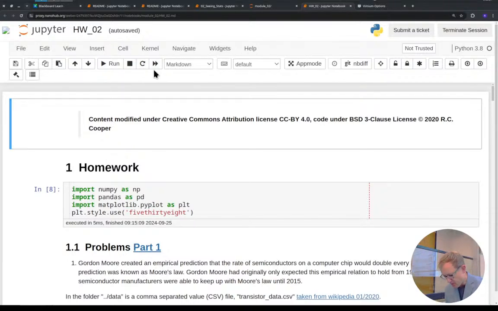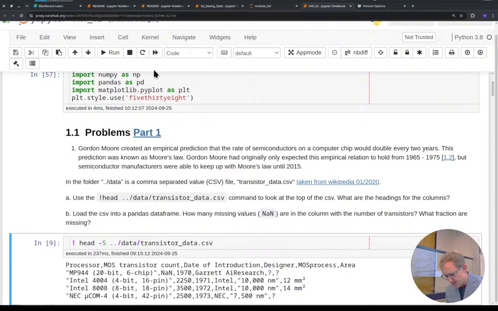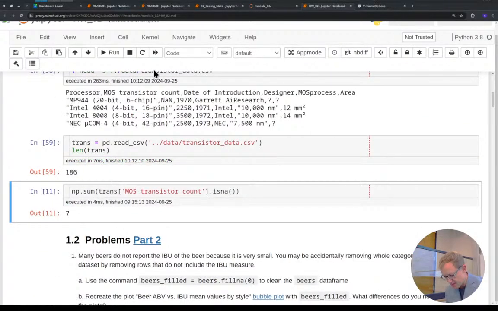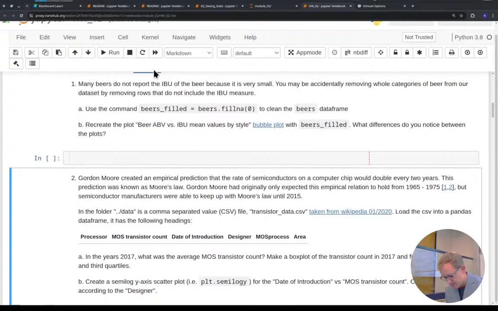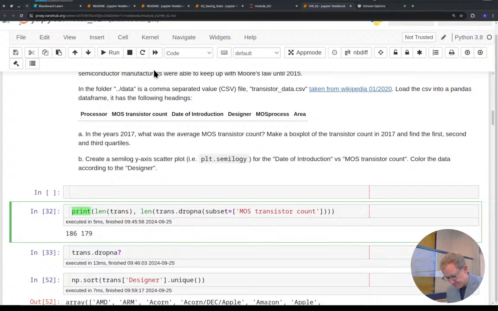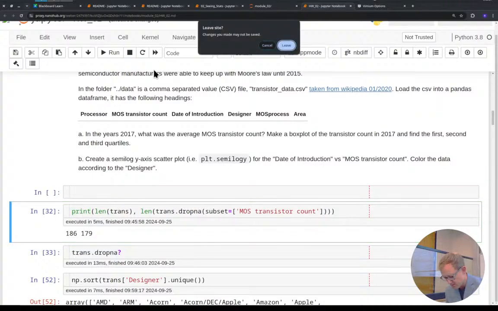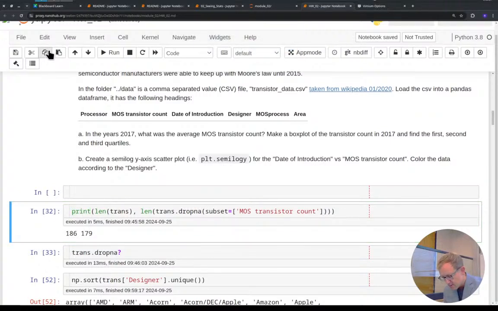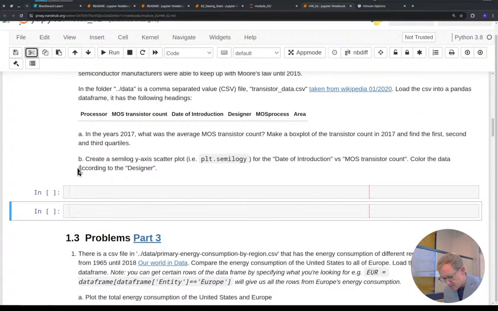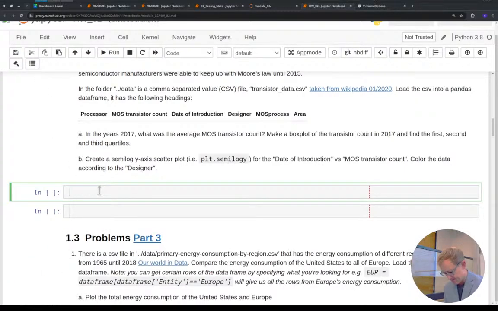So if we're in a graphing kind of phase, let me load up the transistor count data.